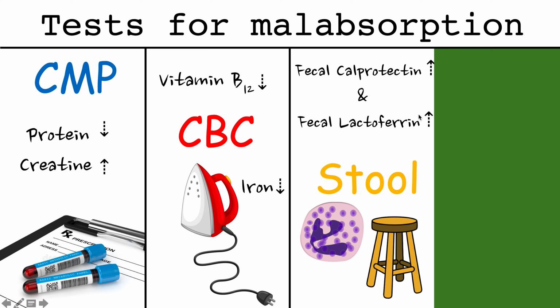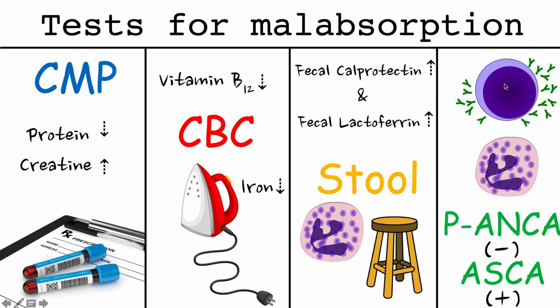So these two proteins here, fecal calprotectin and fecal lactoferrin, that are made by neutrophils, these are unique in GI inflammation. They are made by neutrophils during inflammation specific to the GI. So that's pretty important because this can tell us that this inflammation that's happening is localized to the GI tract.